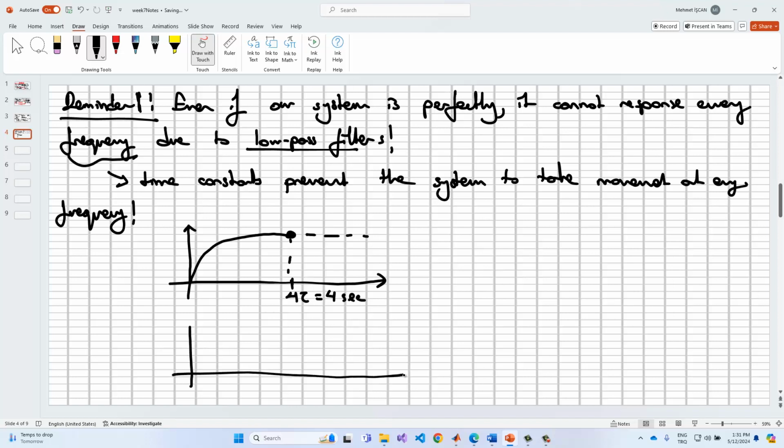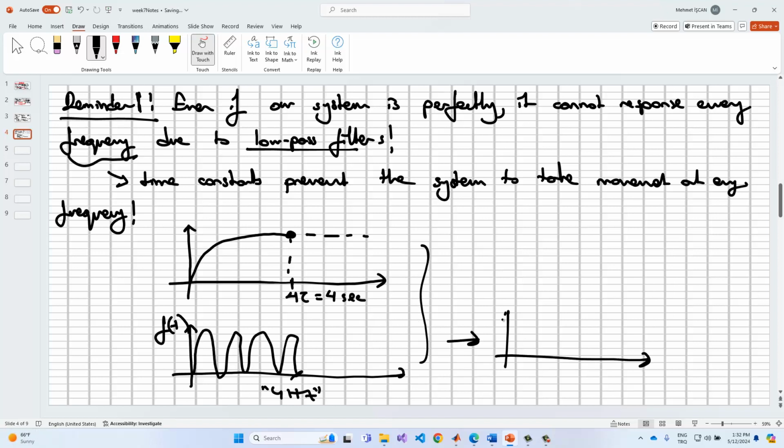And so if I apply f(t), the input signal, just like this one, this is a 4 Hertz sinus signal. In this case, if we apply this signal, this system cannot respond or reach the steady state value in here, because if we increase the values of these terms, the application of this signal at x(t) could be this kind of signal, okay?